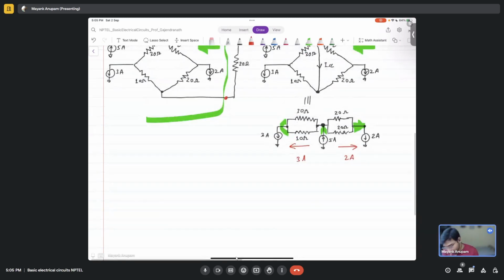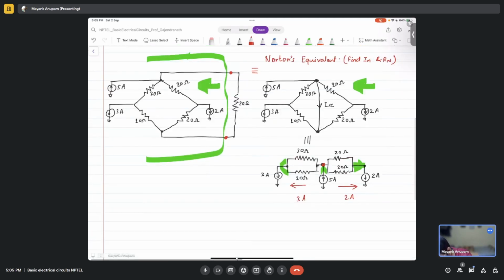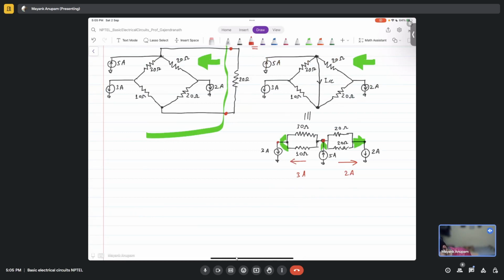Okay, so if 3 ampere is going here, how much is the voltage at this node? Yeah, so tell me, what will be the voltage here, here, everywhere?